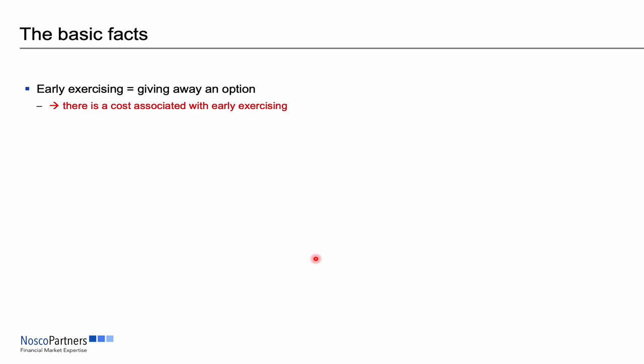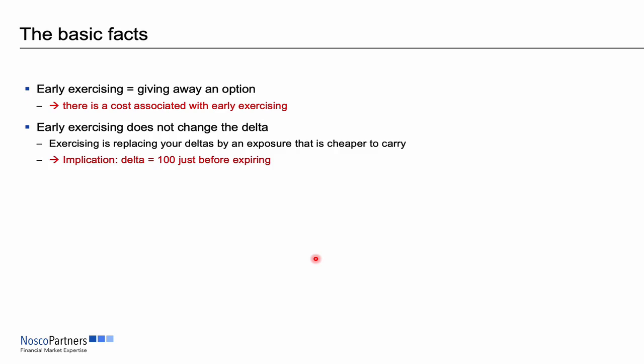Since early exercising means giving away an option, there is a cost associated to early exercising. Hence, I would only exercise early if the option is deep in the money, and this has another implication, namely that early exercising doesn't change the delta of the option very much.